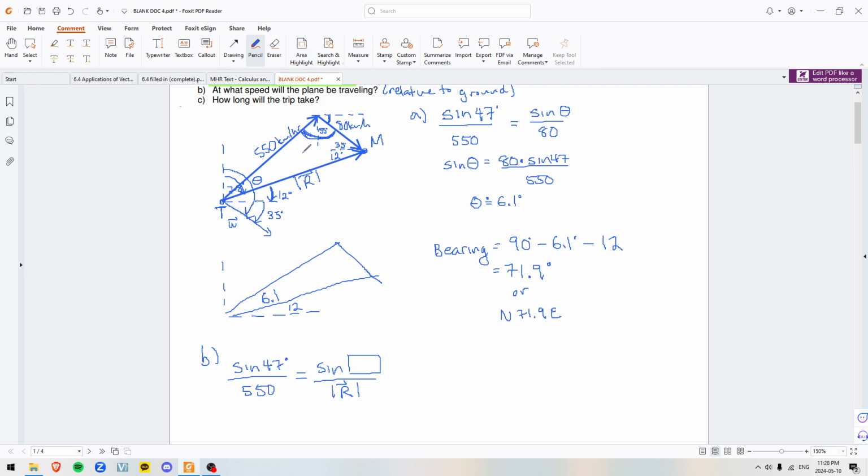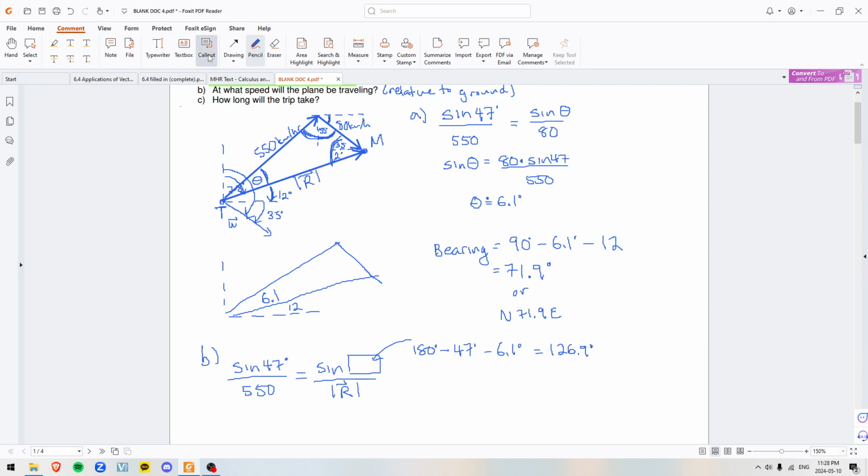Okay, and so let me do that very quickly. Sorry about that. So 180 is the total of a triangle, subtracted by 47 degrees because that's the M corner, subtracted by 6.1 degrees, which is the sliver corner right here, which leaves me with 126.9.